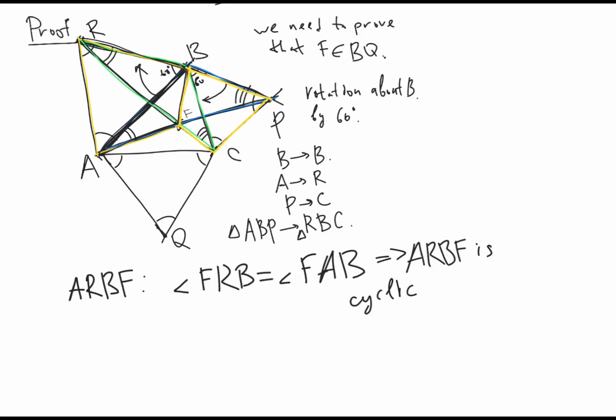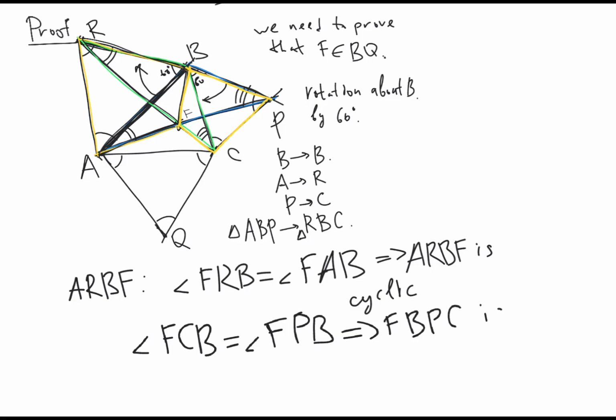This quadrilateral is also cyclic because the other 2 angles that I showed, the angle FCB is equal to the angle FPB. So this implies that this quadrilateral FBPC is cyclic.